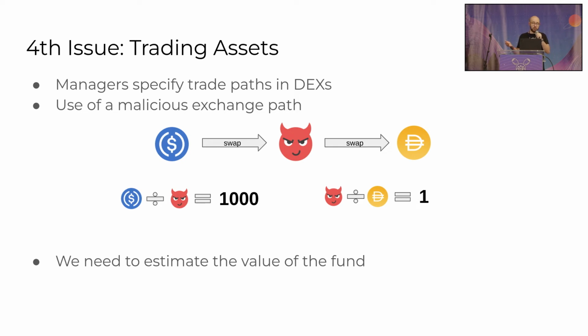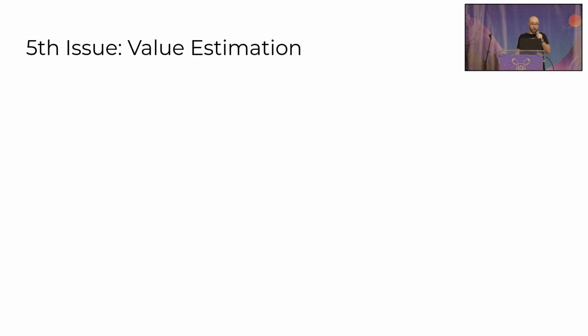Some people have tried to, for example, sanitize the paths and only allow specific tokens. But I think this issue points to the need for our fund and for our protocols to be quite thorough with how they do the value estimation. Or in other words, how to derive the prices of the tokens they want to hold. So value estimation, unfortunately, is also problematic.